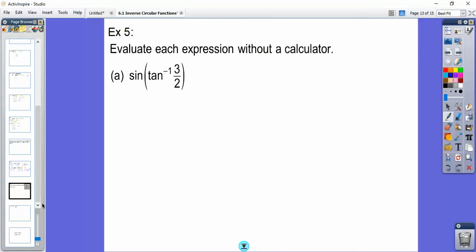Have one final type of example. These I am saying you have to do without a calculator. That means you're going to have to show me work. I want sine of tangent inverse 3 over 2. When I see tangent inverse, the answer to an inverse problem is just an angle. So I'm really just asking you to find sine of some angle.